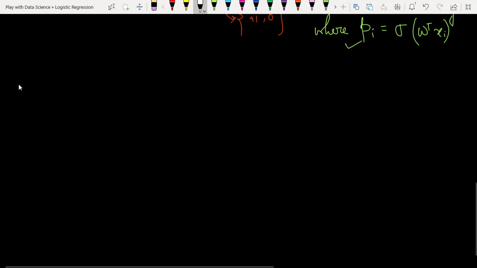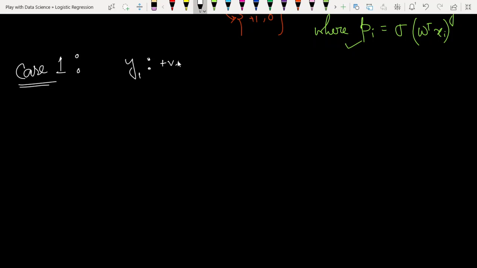First, let's consider case 1. Let's take y_i to be positive. Geometrically, y_i will be +1, and similarly, probabilistically, y_i will also be +1, because geometrically y_i carries the values +1 or -1, and probabilistically +1 or 0.